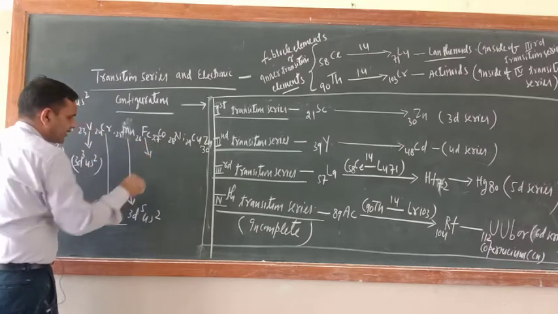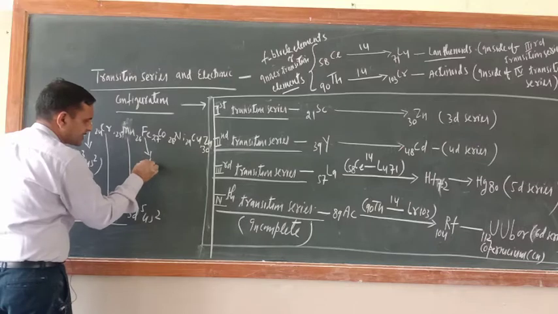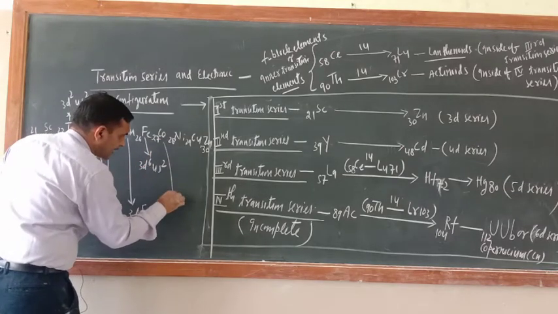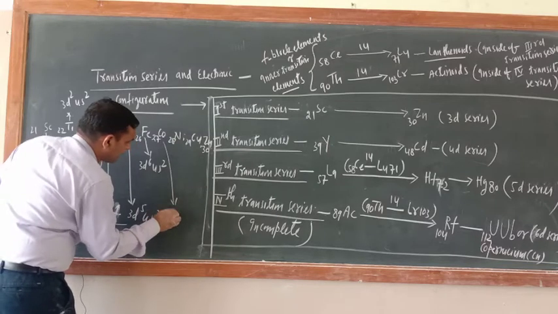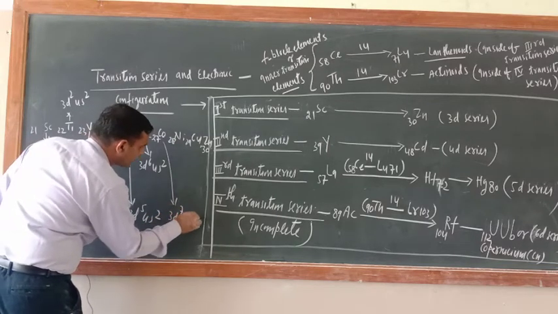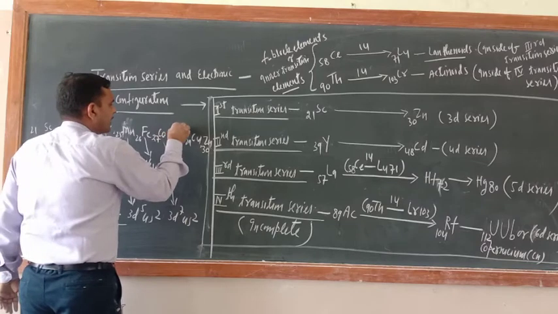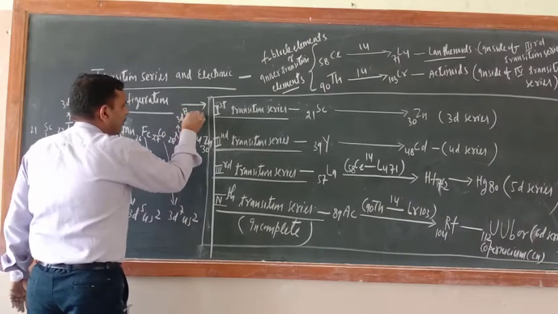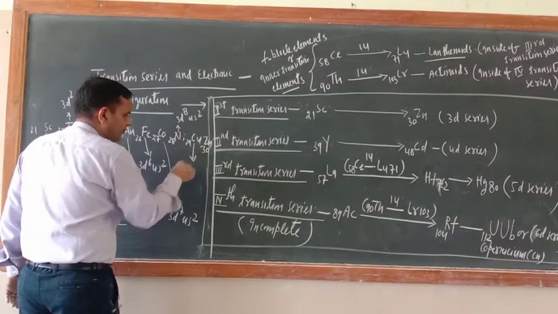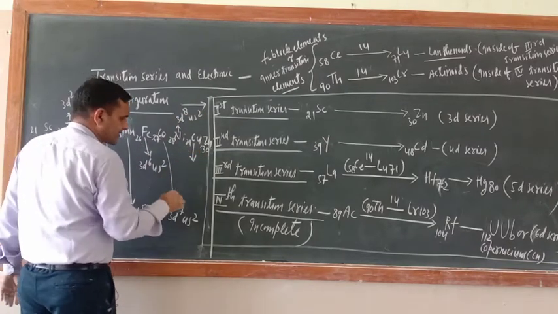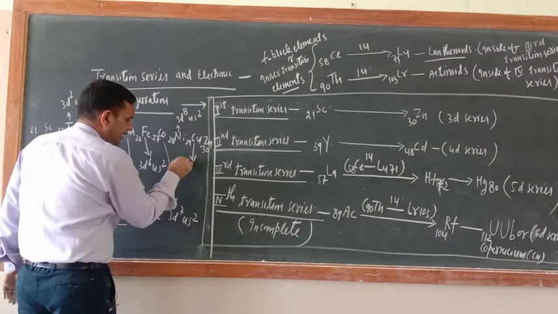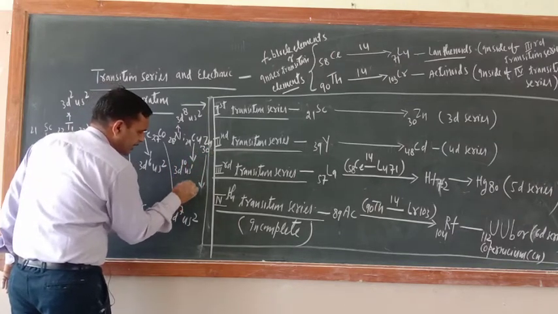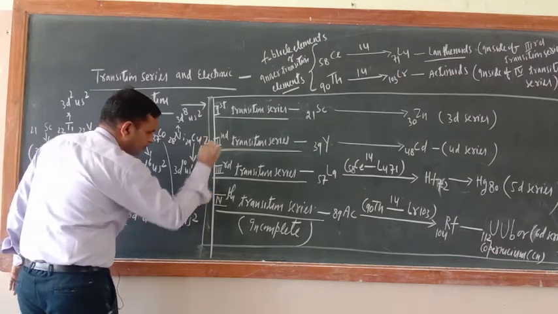Iron is 3d6 4s2. Cobalt is 3d7 4s2. Nickel is 3d8 4s2. Now in copper, some exception is there: 3d10 4s1. What about zinc? Zinc is 3d10 4s2.